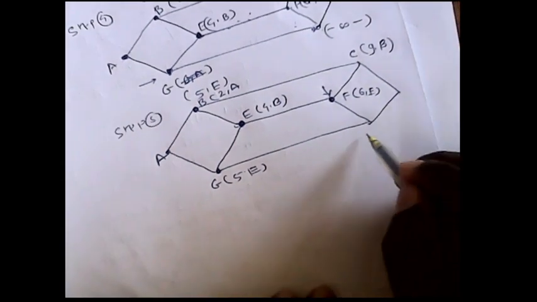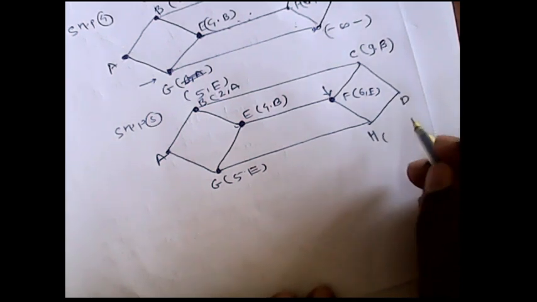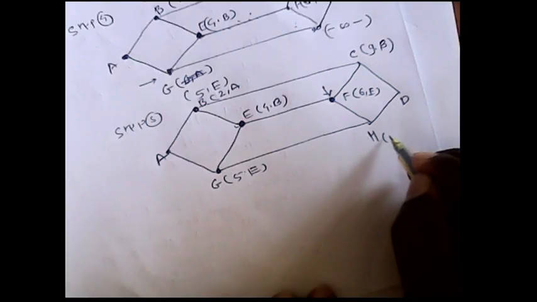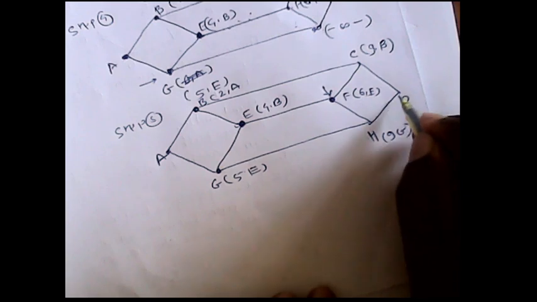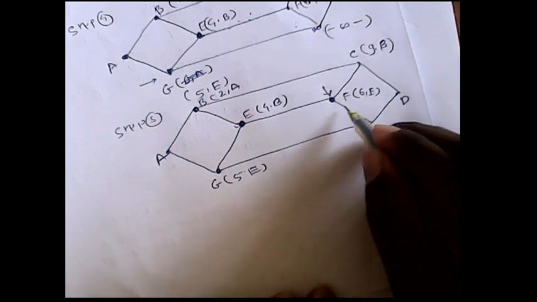So the new working node will be F. Now E is a new working node. Then to find the next working node from this F, F becomes a permanent node.